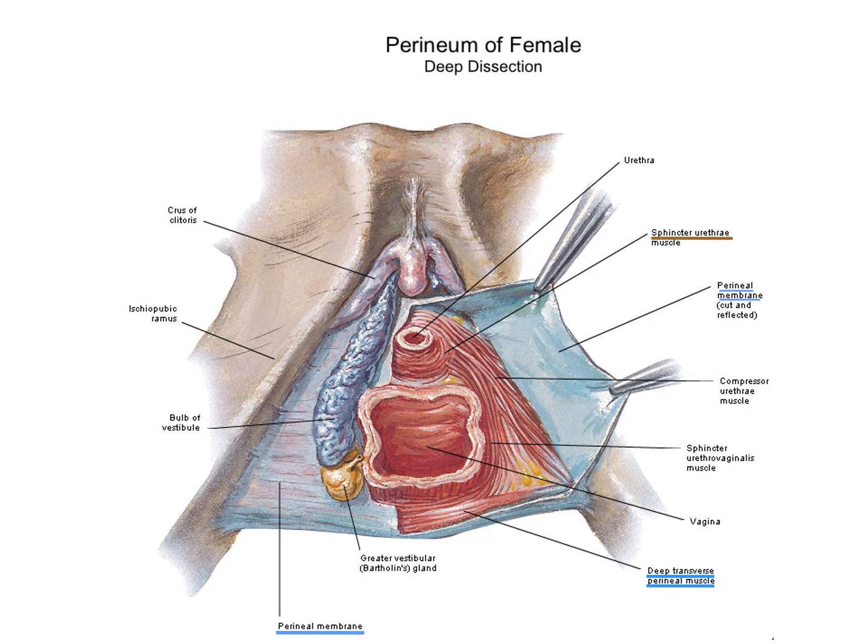Here is the perineal membrane in female. As I said before, the perineal membrane is a thick triangular fibrous membrane that fills the space between the arms of the pubic arch, and it has a free posterior border.